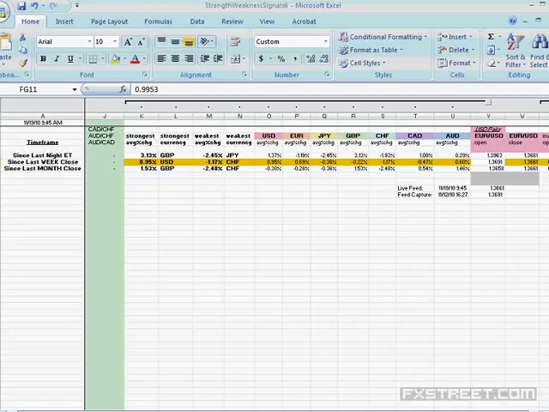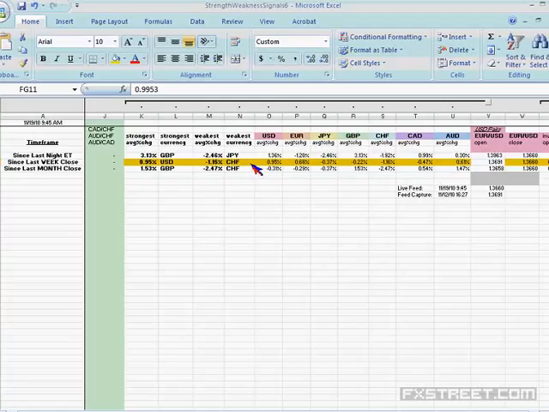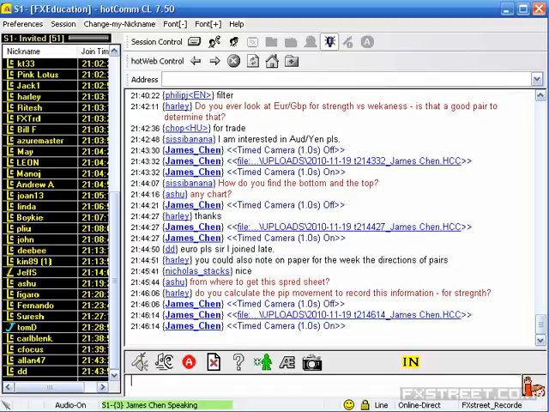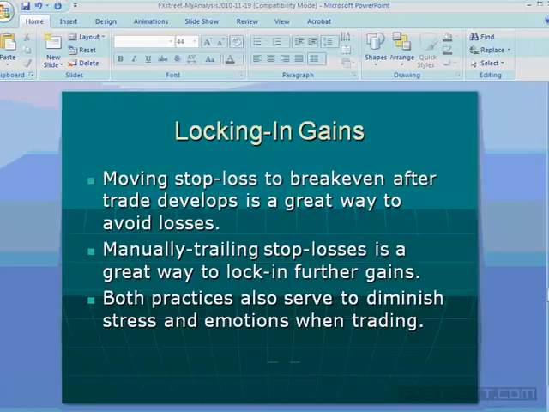I do put out a weekly post on these, ranking which one's the strongest. You see dollar's the strongest, Swiss is the weakest, and I rank them down from there, and you'll see it on a couple of different websites.